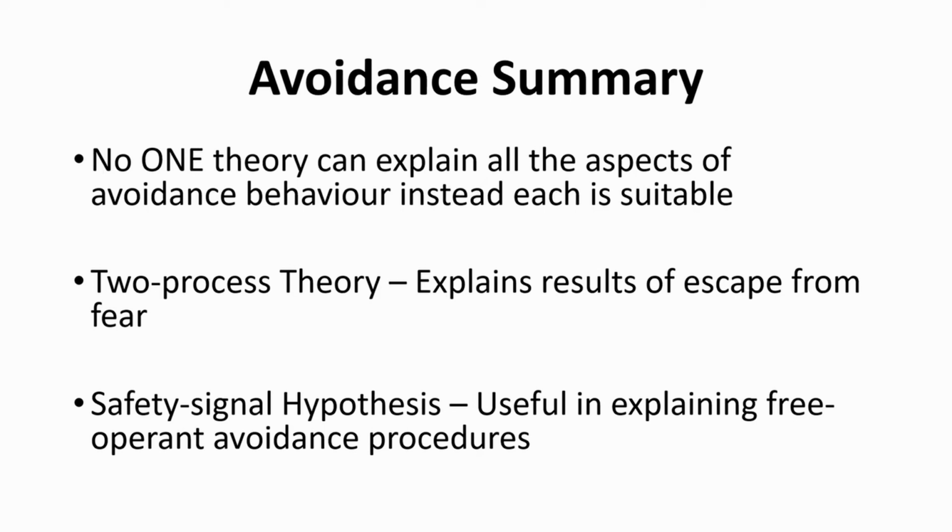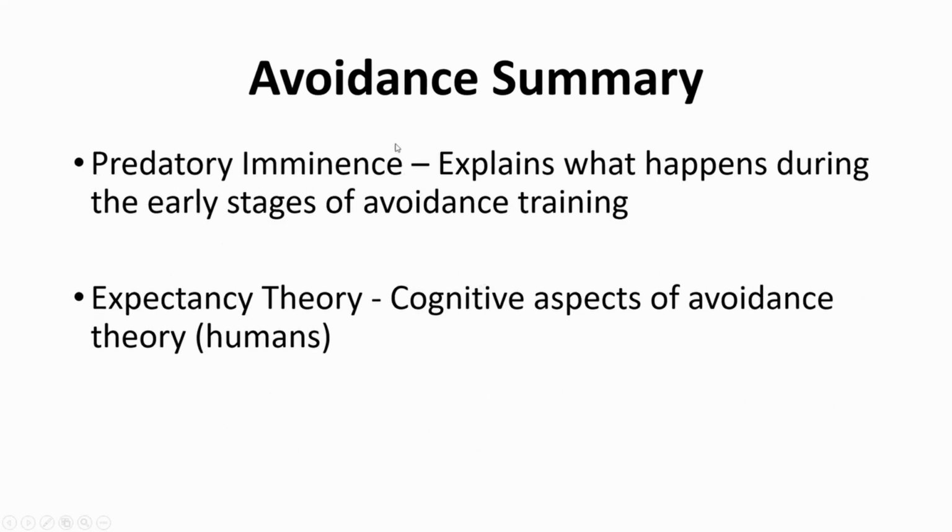To that end, we can talk about our two-process theory as explaining the results of escape from fear. Our two-process theory works best when we observe escape from fear type behavior. Our safety signal hypothesis is very useful in explaining our free operant avoidance procedures. Our predatory imminence theory explains what happens during the early stages of avoidance training.